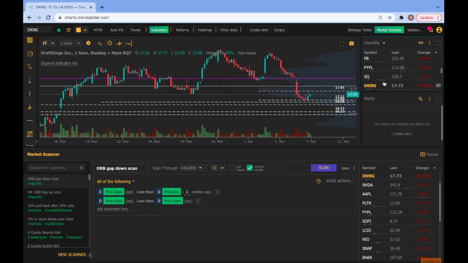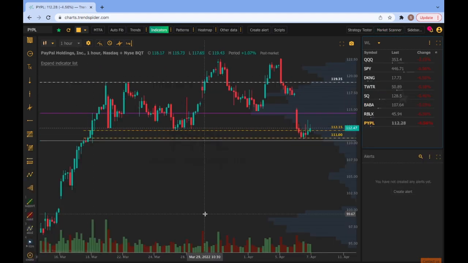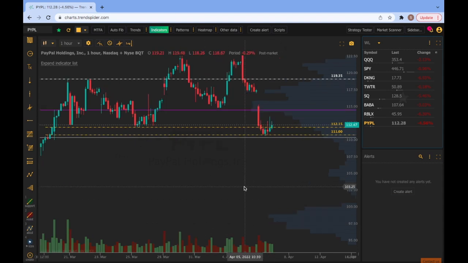There's a free trial. Now, the day before or the morning before, once we find these plays, I really use the hourly chart to look for supply and demand zones. And this just helps me to have a better sense of price targets, which I'll talk about in the execution piece of this. But PayPal, for an example here, was one I was looking at yesterday.